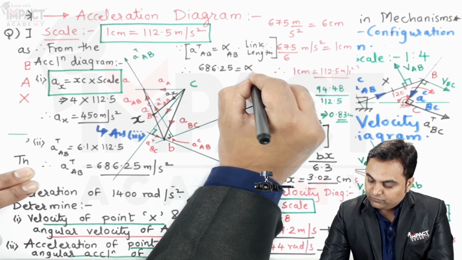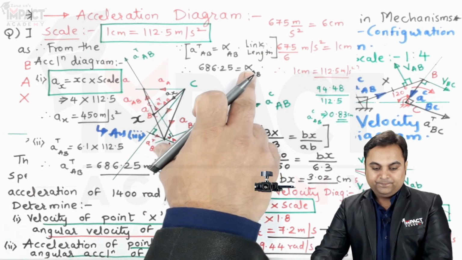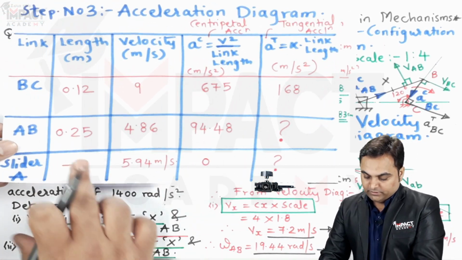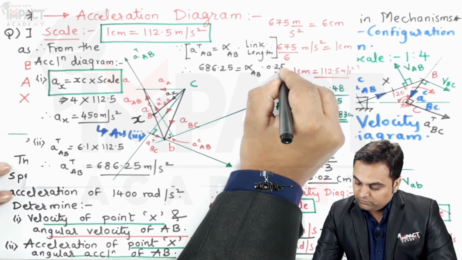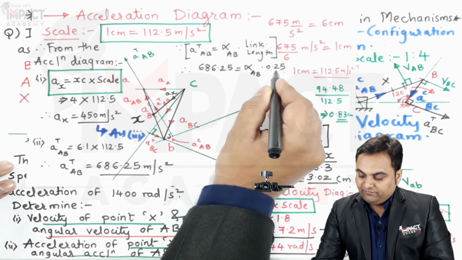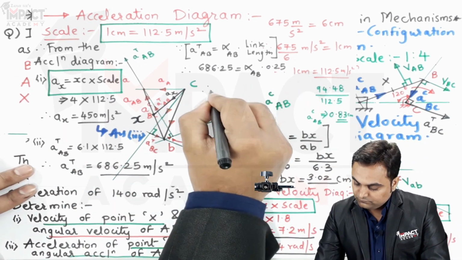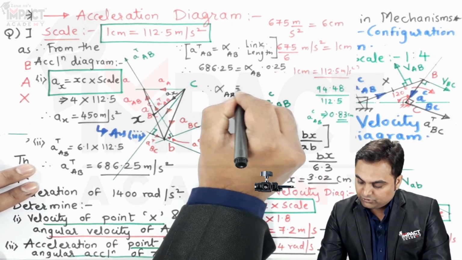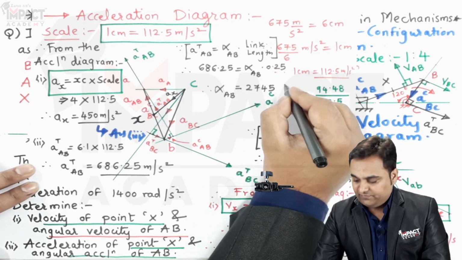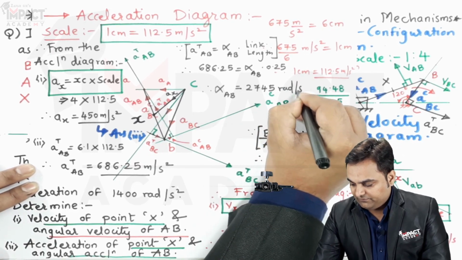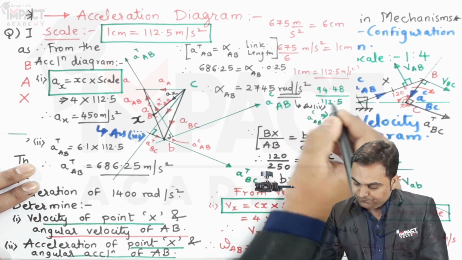The angular acceleration is what we have to find out, and the original length of link AB in terms of meter is 0.25. So 686.25 divided by 0.25. Therefore the angular acceleration of AB is 2745, and the unit is radian per second square. So that's the fourth answer.